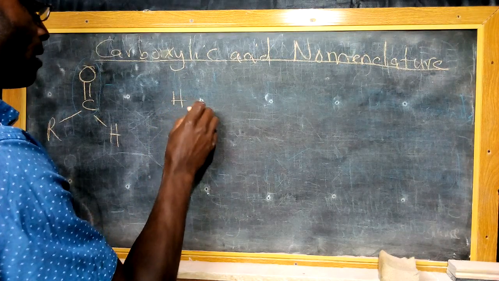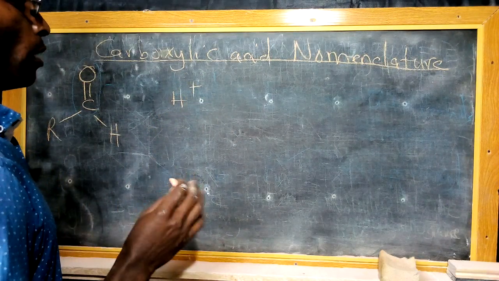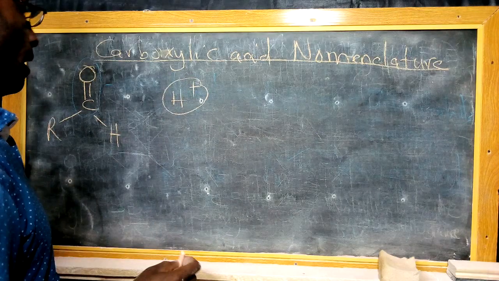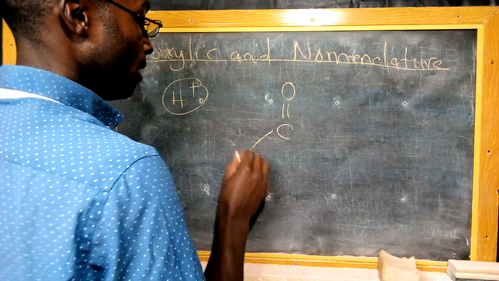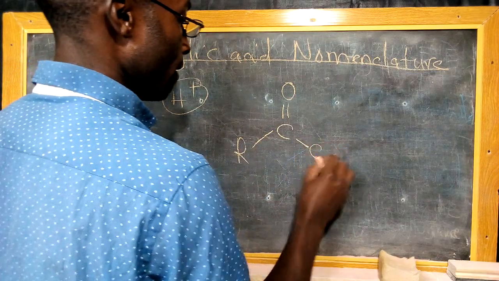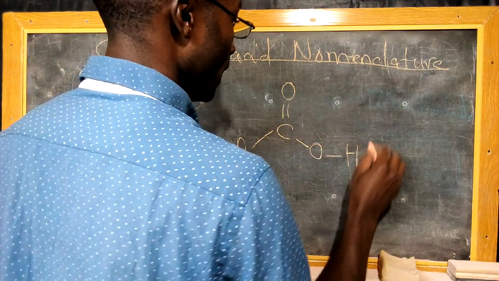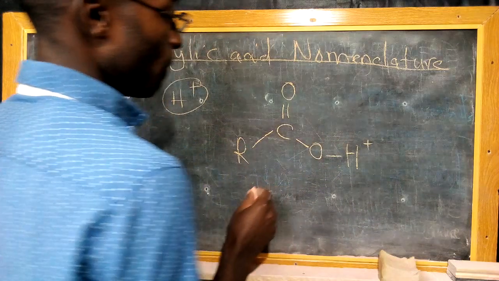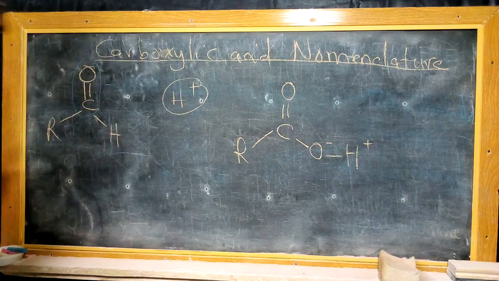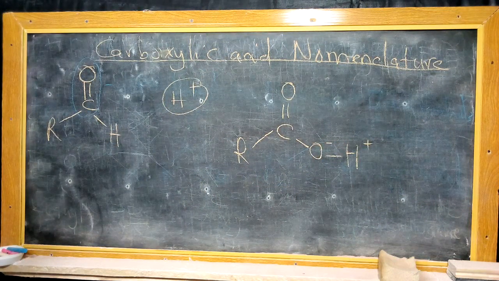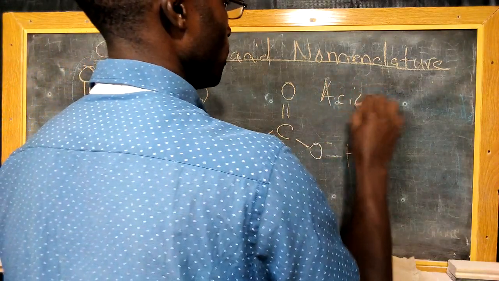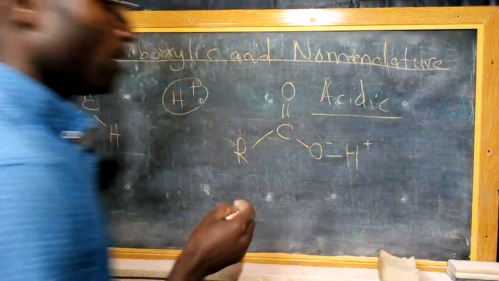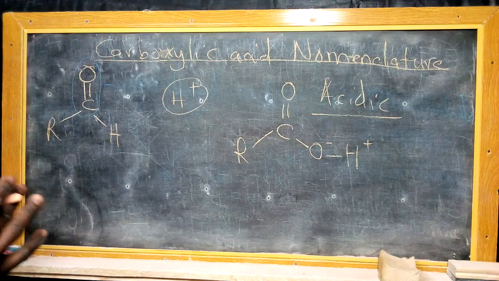So if we give the functional group for carboxylic acids to appear like this, then the hydrogen ion that is here is going to be the positive ion for the definition of an acid for this particular compound to hold. So in that case, we are going to treat carboxylic acid in that way.